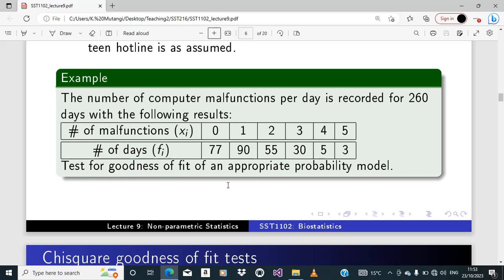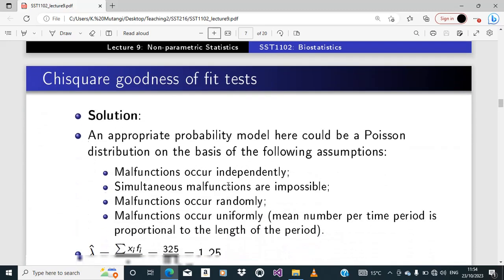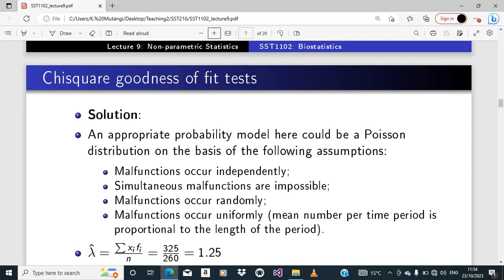In this case, we have to find out from the different probability distribution functions that we know what a suitable PDF should be. So looking at these counts, an appropriate model here could be a Poisson based on the following. One, we assume that malfunctions occur independently, and that simultaneous malfunctions are also impossible.